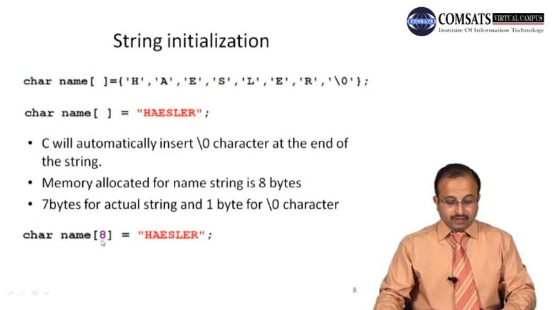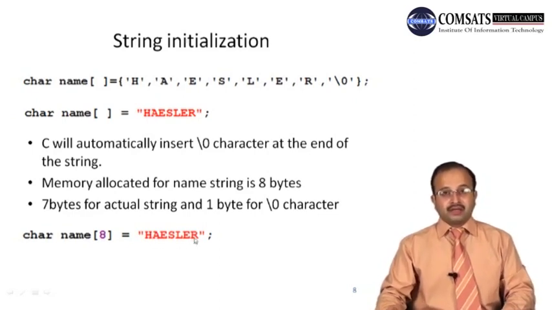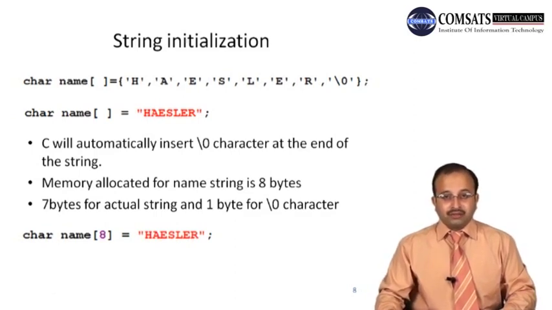In this case, what happens is that if you do not allocate memory for the null character, if you write 7 over here instead of 8, then 7 bytes will be allocated for the array name, and in these 7 bytes the name will be written, and in the next byte it writes the null character. So that next byte is not part of the name array, name string. What does that mean?